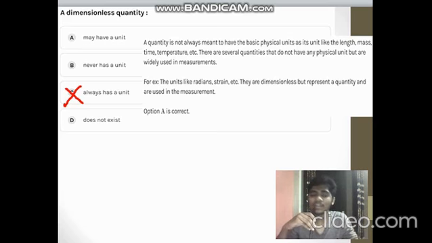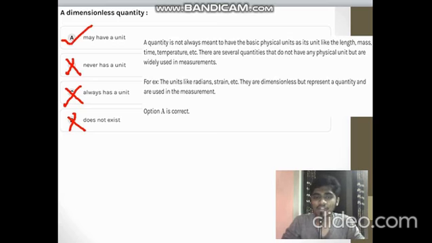For plane angle, the unit is radian. For solid angle, the unit is steradian. And for refractive index, there is no unit. So for almost everything which does not have a dimension, there is a unit. So never has a unit is also not going to be the right option. And does not exist is definitely not going to be the right option. So by elimination method, may have a unit is the right option.